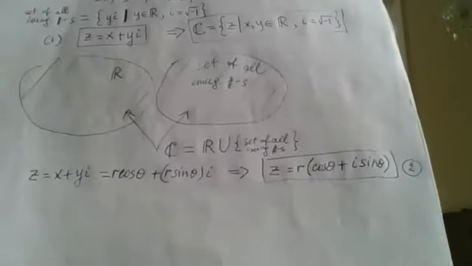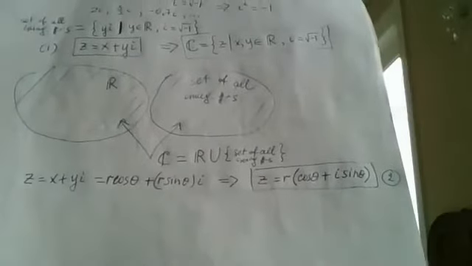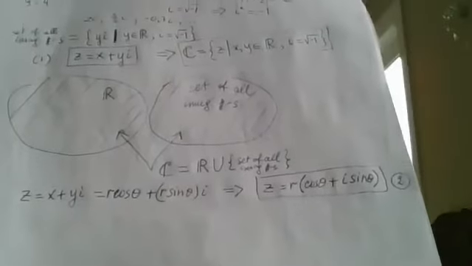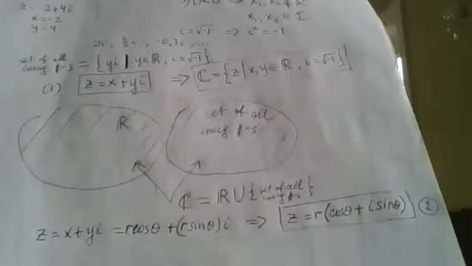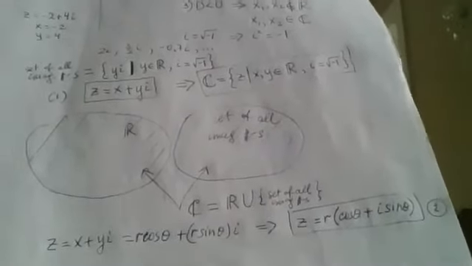This is the second form of the same number Z, but it is not an algebraic form anymore. Traditionally, we call it the trigonometric form of the complex number. And I like this better. But at the same time, if we like, can we say that it is the polar form?